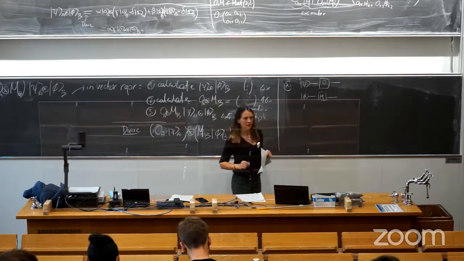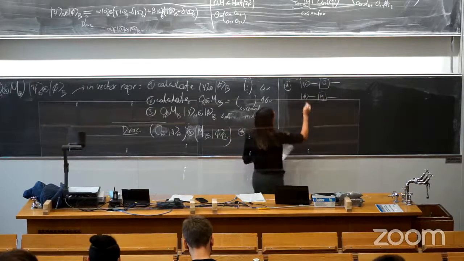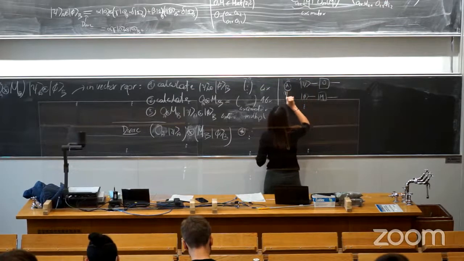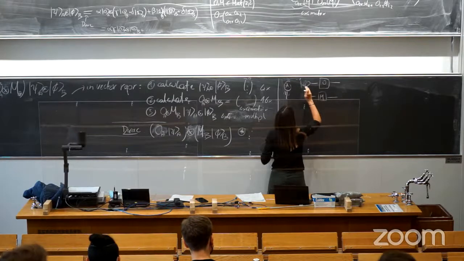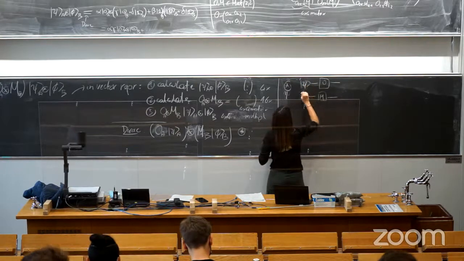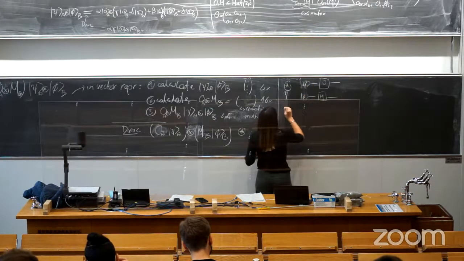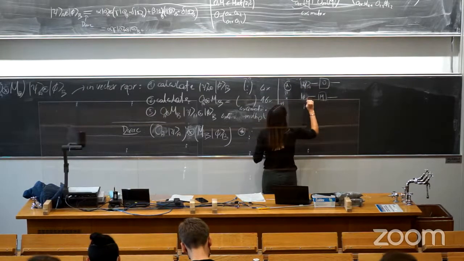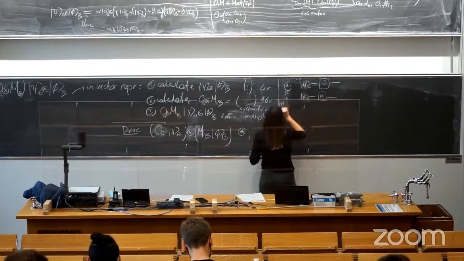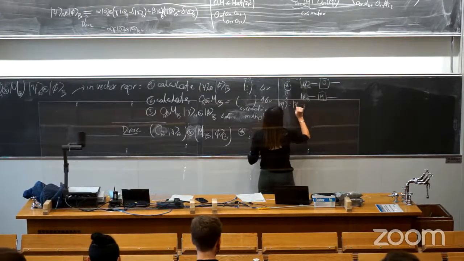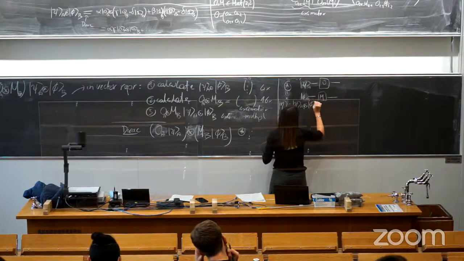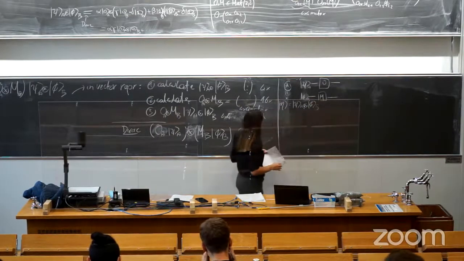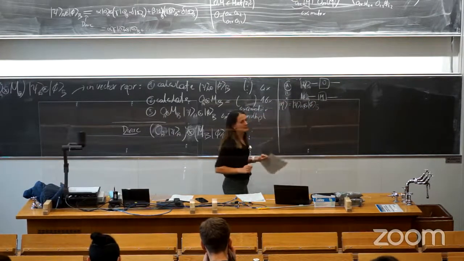Do we agree? So here we have mu, which is our state, and mu is equal to psi A tensor product phi B. And the two operators act on very different states.